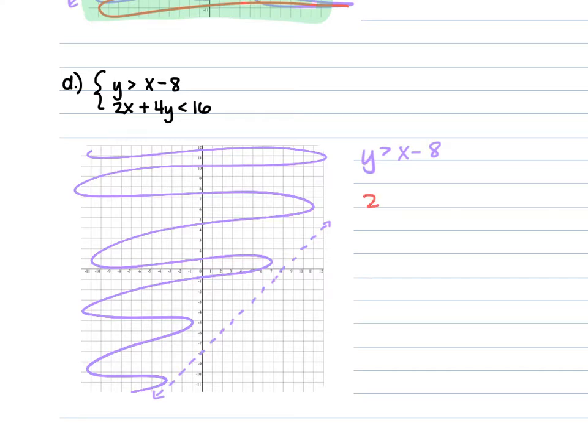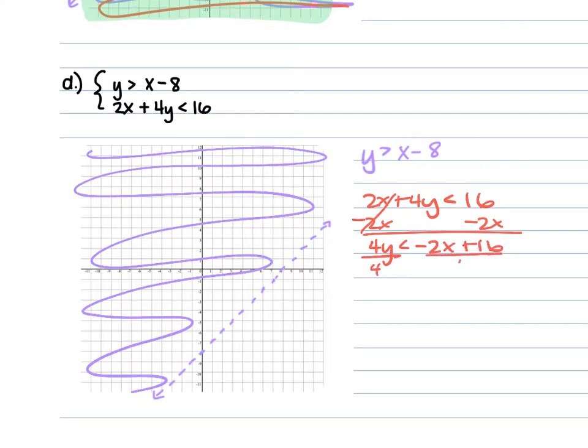For 2x plus 4y is less than 16, we're going to subtract the 2x from each side. 4y is less than negative 2x plus 16, then divide by 4. So y is less than negative 1/2 x plus 4.